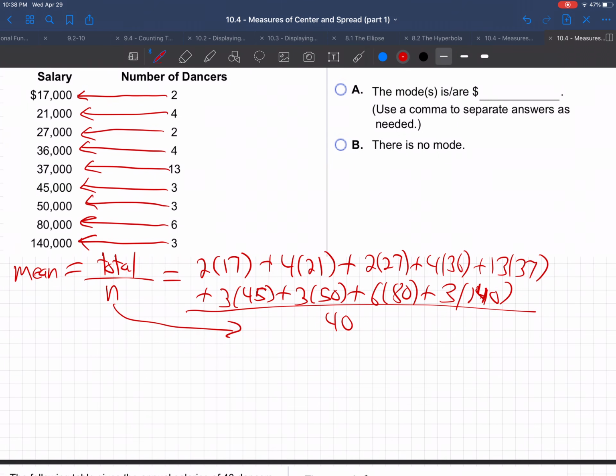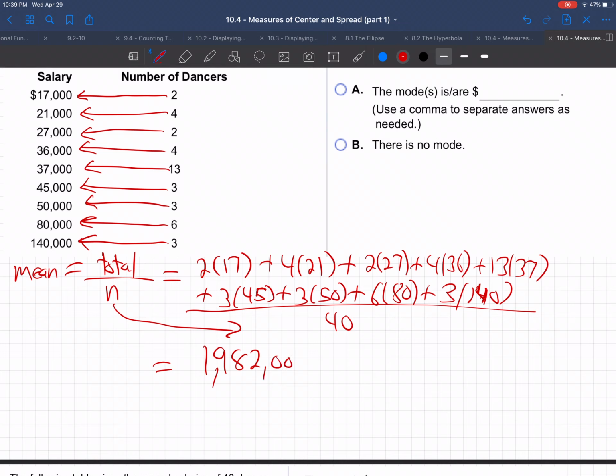So there we go. So use your calculator, multiply all those numbers together. I'm going to do that as well. And I'm getting 1982.